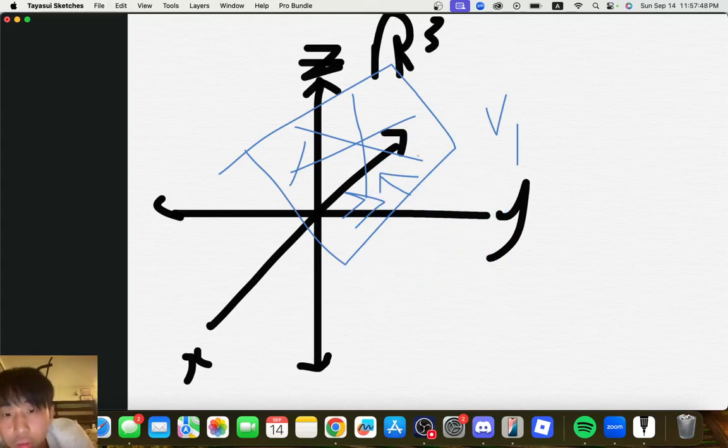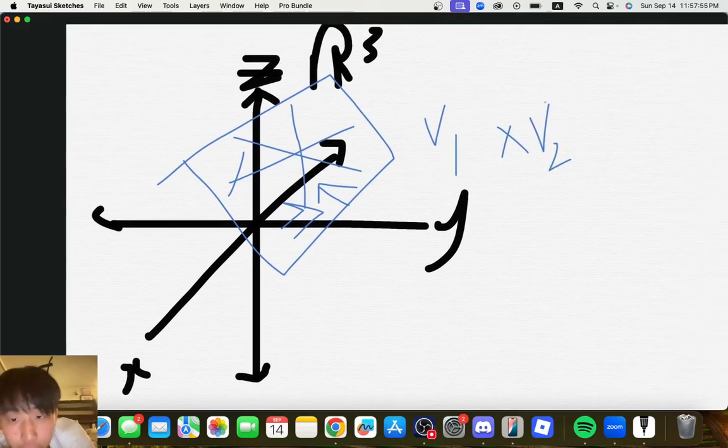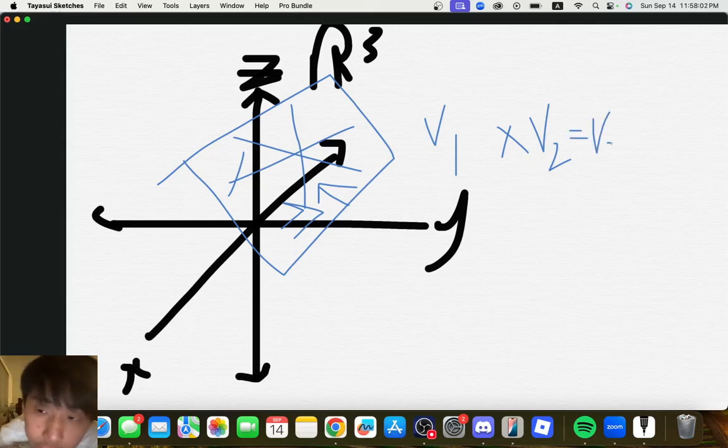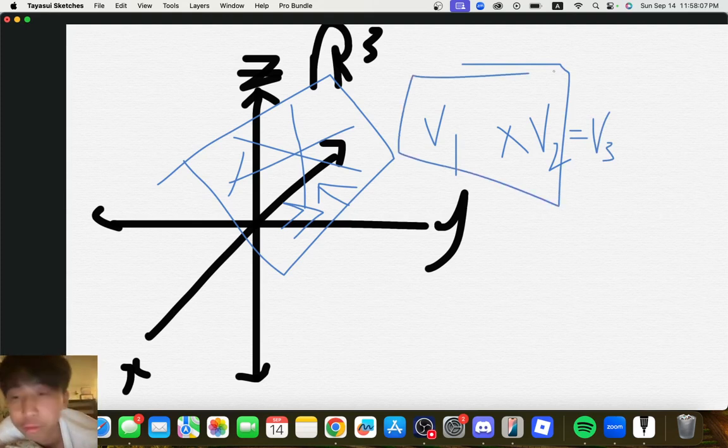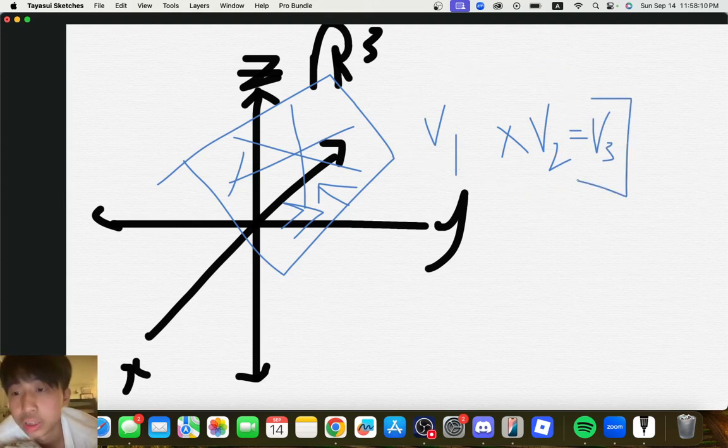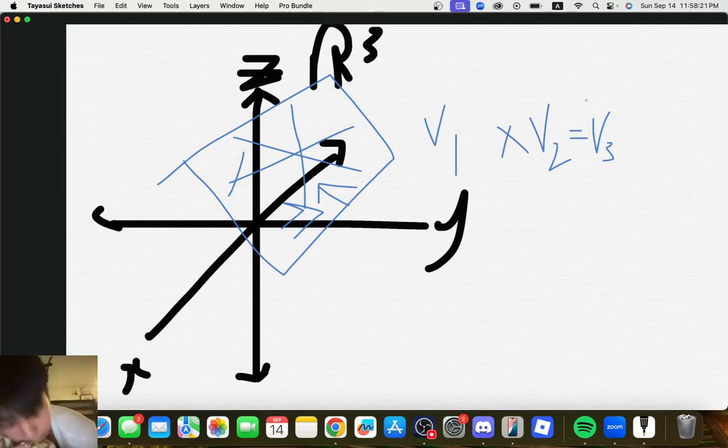That's what two lines are, and we're going to call those two vectors V1 and V2, and we're going to do the cross product of these two vectors, so we get one unique vector, let's call it V3, such that it has the information that both these vectors have, but it is unique to those two vectors themselves, such that you can define a plane with just one vector, which is the cross product between two vectors.